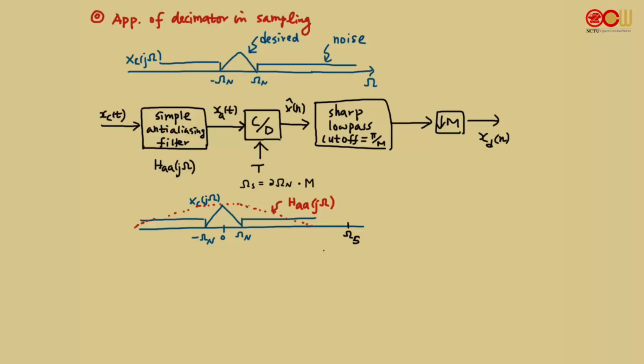And at the output of H_aa, we get Xa. This is ω, still in continuous time. It's Xa(jω).